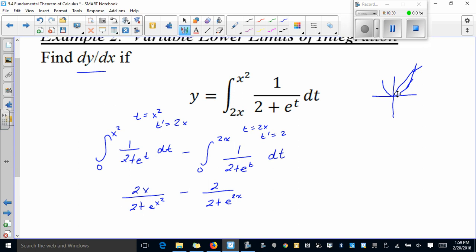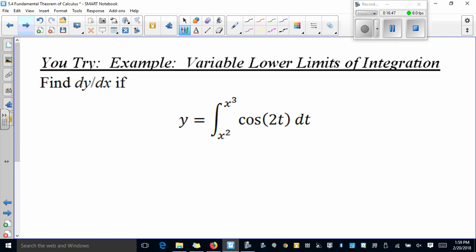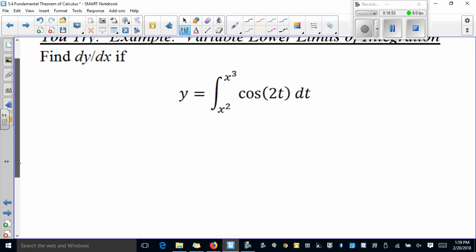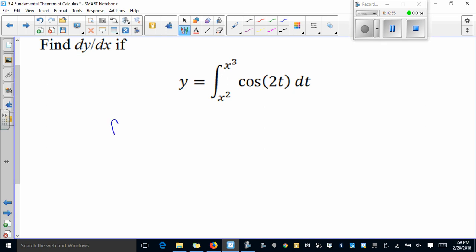Okay, so let's look at another one. We got to break these two apart as well. Still asking us for a derivative. This is going to be 0 to x cubed of cosine of 2t dt minus 0 to x squared cosine of 2t dt. And we can go through, if t is x cubed, then the derivative would be 3x squared.